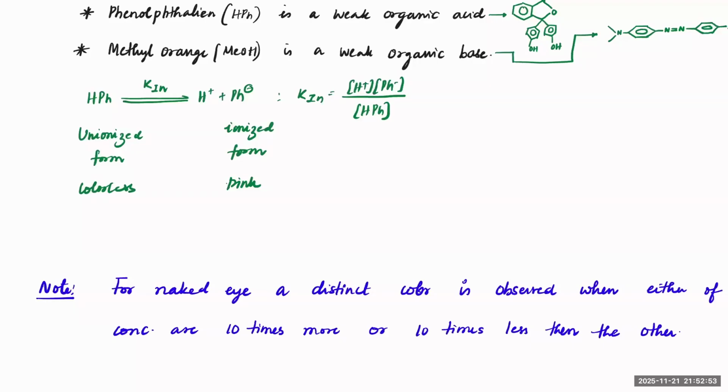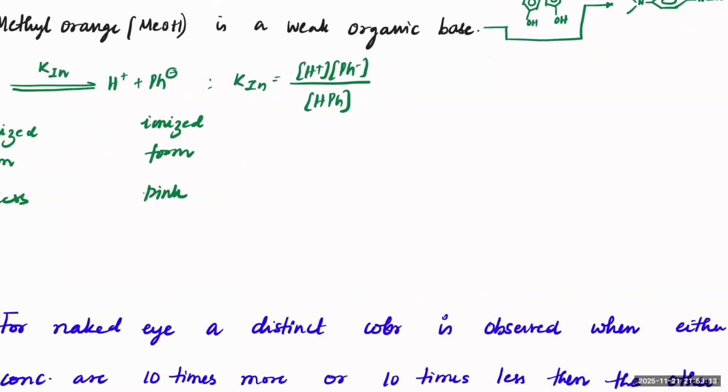So we have the unionized form of phenolphthalein and the ionized form of phenolphthalein. Now the pH of the solution can also always be written in terms of these two. You can see it here.